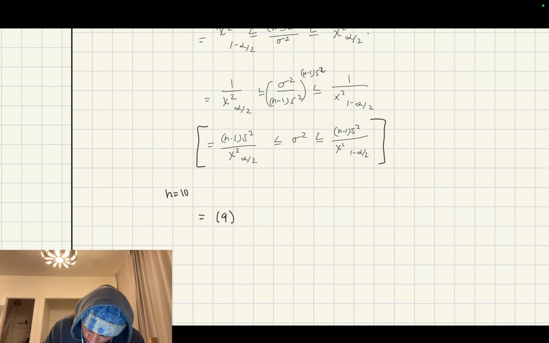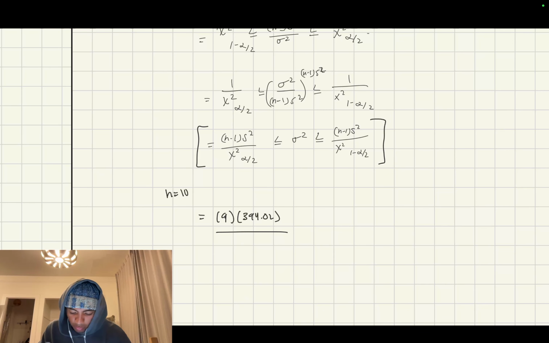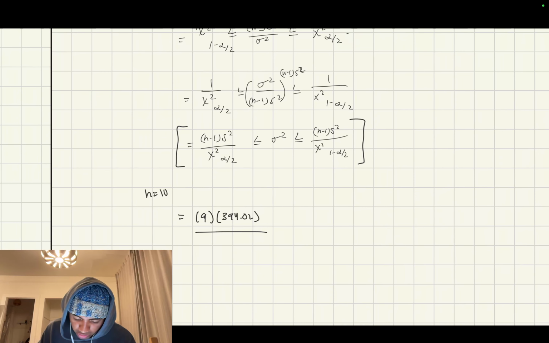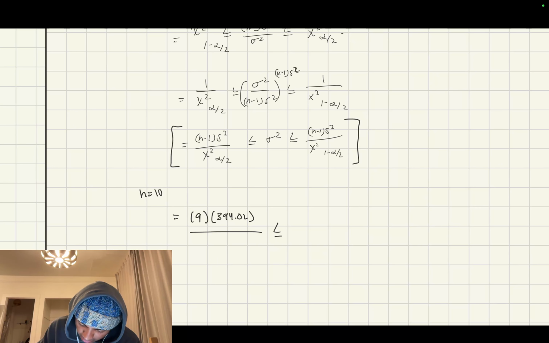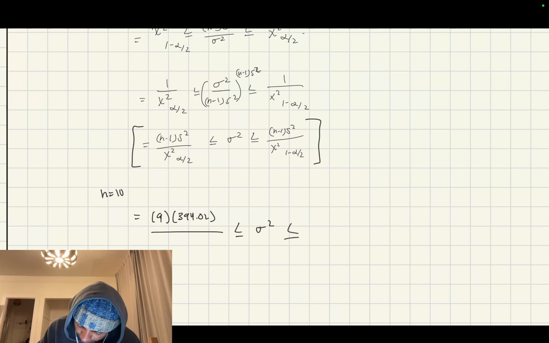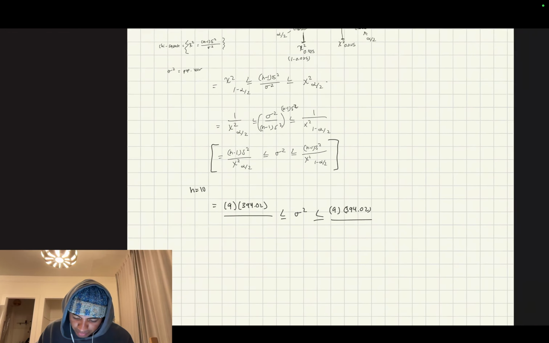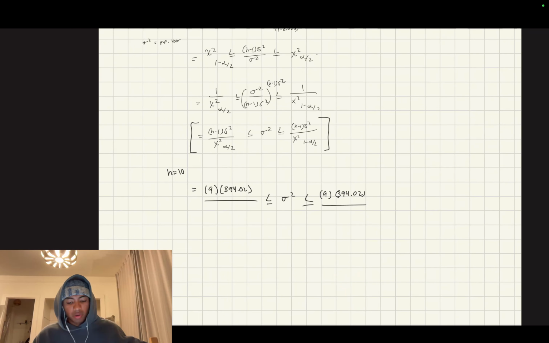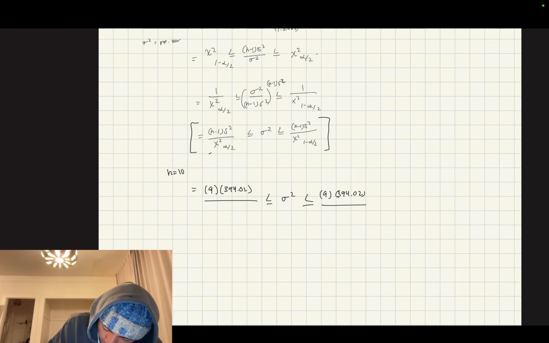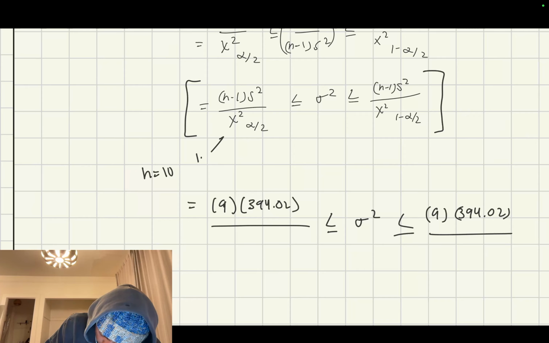And our sample variance, which we got earlier, was 394.02, over our, and we'll get the lower quartile for chi-squared in a second. I'll just write the rest of this out for visual purposes. This one is 394.02. All right, now let's go ahead and get our lower and upper quartile.